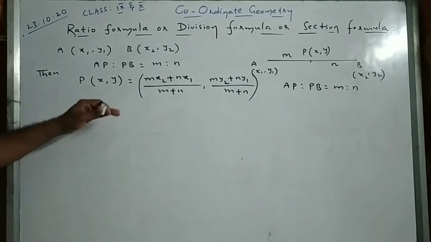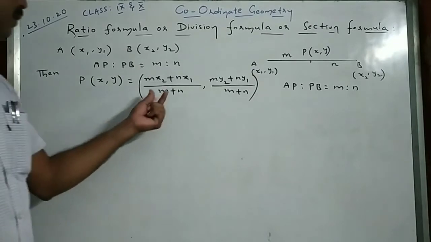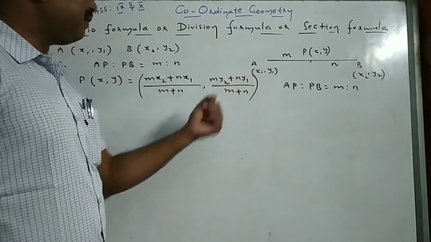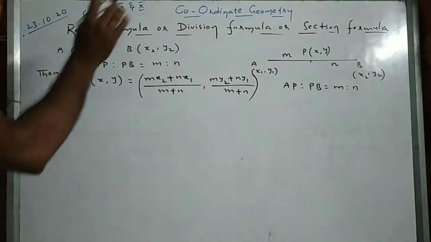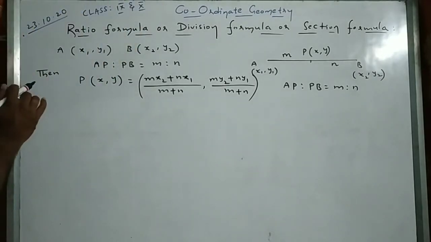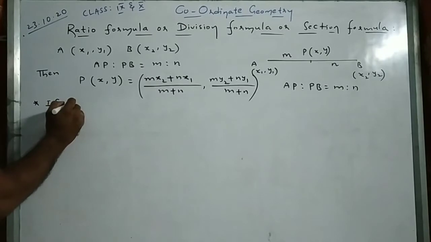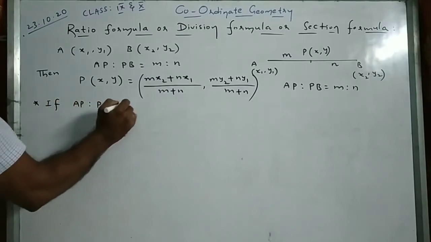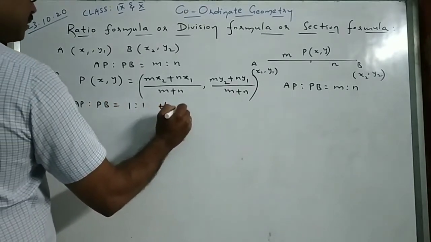Do you remember? mx2 plus nx1 by m plus n, comma my2 plus ny1 by m plus n. This is the formula to find division point. Very important. For example, on this we have some formulas. Suppose if the ratio AP is to PB is equal to 1 is to 1, then what happens?